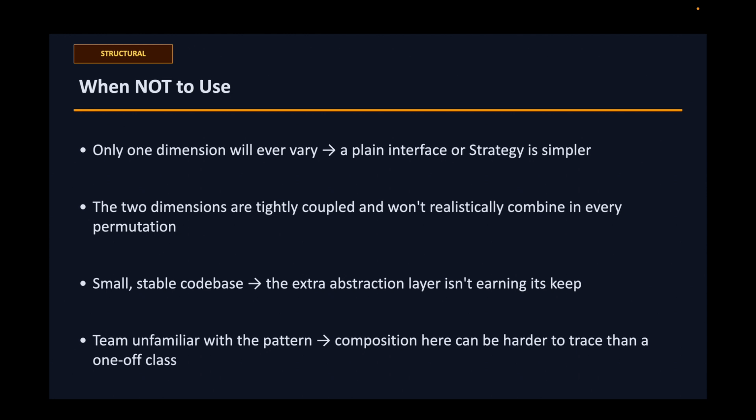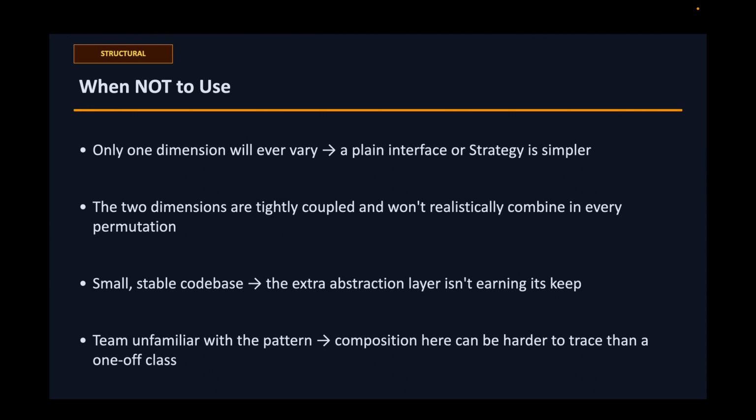Here we have some examples of when we don't want to use it. The idea is if only one dimension will ever actually vary, you don't need this idea of two hierarchies. A plain interface or strategy is simpler and says what you mean more directly. If the two dimensions you're separating are tightly coupled and won't realistically combine in every permutation, adding this extra indirection isn't earning its keep, or it's not really important, or it just makes it much more complicated itself.